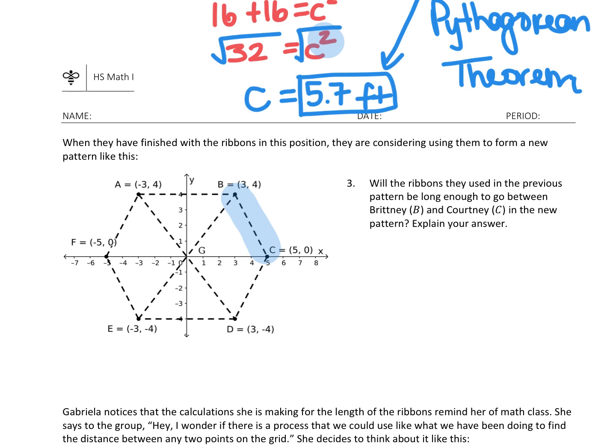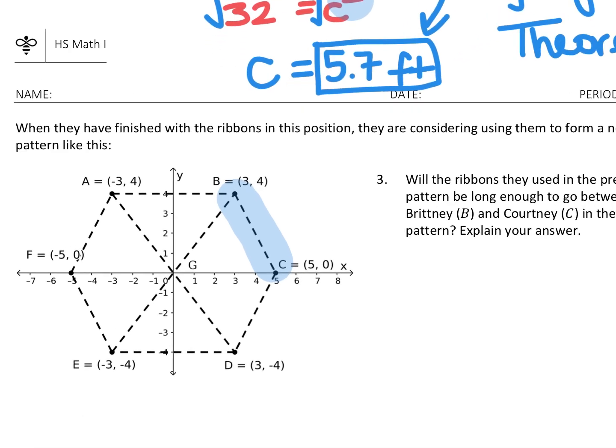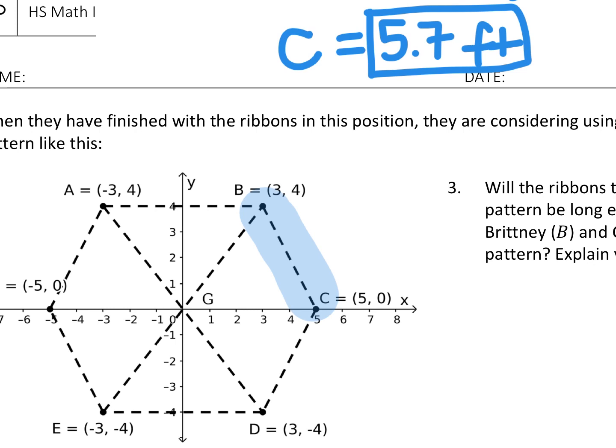So let's see if we can. And we need to explain your answer as we go. Okay, so it looks like that's a slanted line. So we need to draw a right triangle if we want to find that slanted length. So I'm going to just draw it in like that.